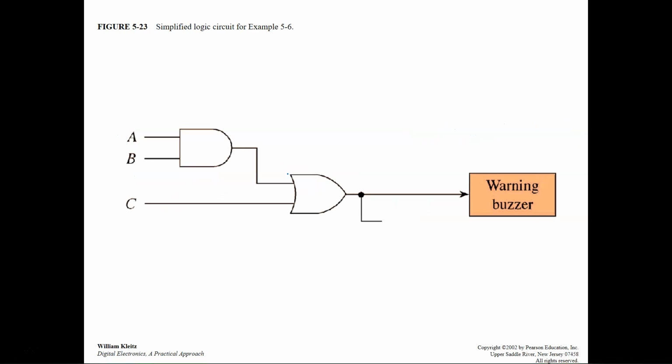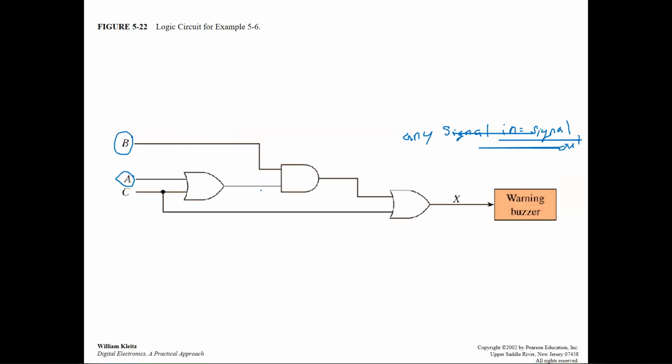All right, so what about this one? That's kind of a simplified version of the one we just looked at, right? In this case, we don't really care. Well, let me back that up.